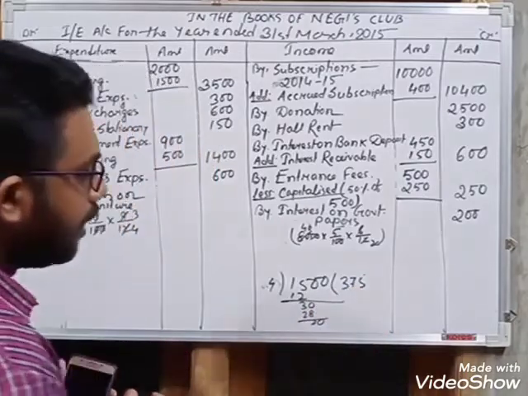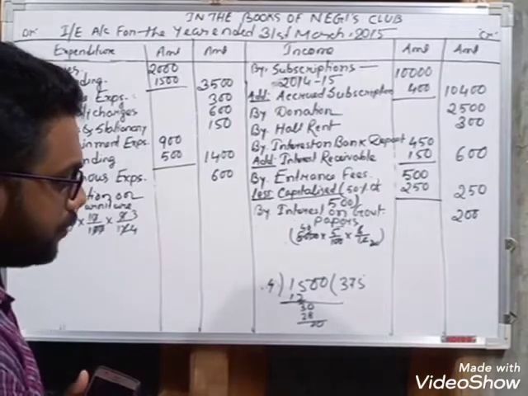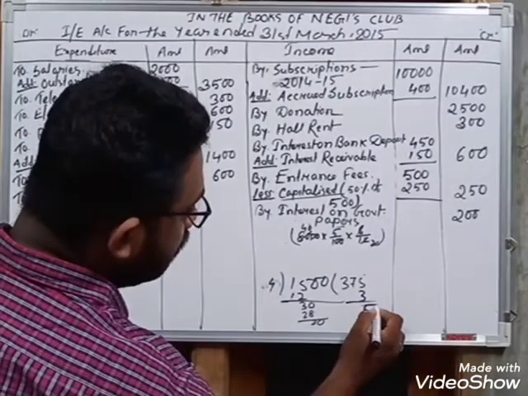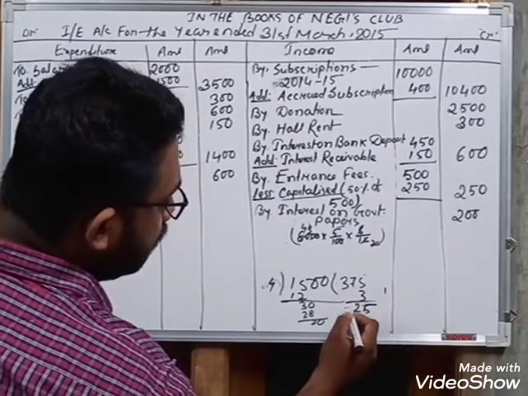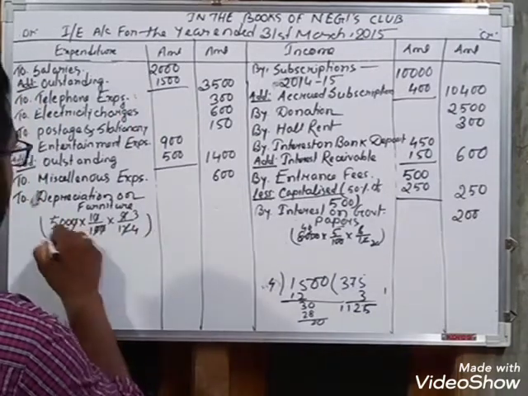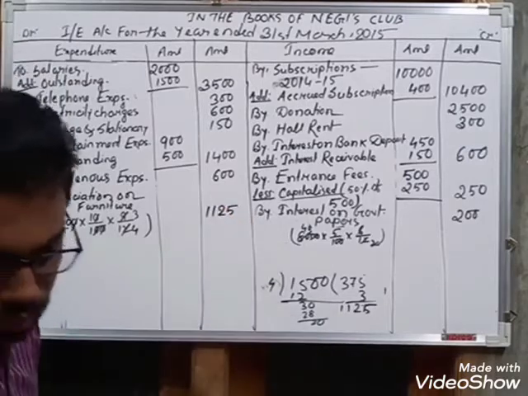So 375 into 3 is 1125. 1125 is the amount of depreciation, you can calculate it.